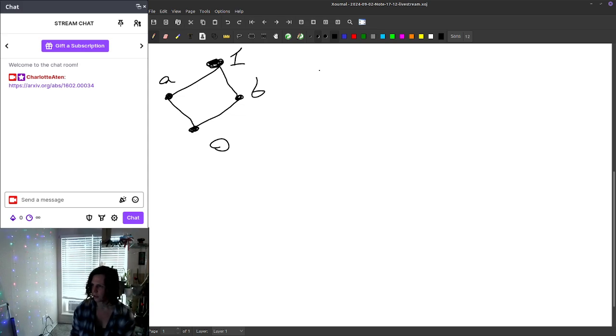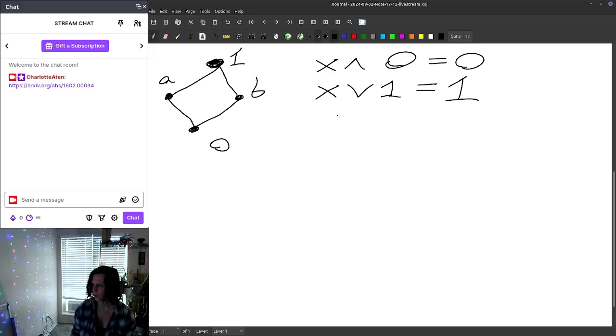And if we take anything at all and do this meet operation with 0, we find the greatest lower bound of anything with 0, we just get 0. If we do the join with 1, so take the least upper bound of anything with 1, well, that's just 1. And then the only other interesting things going on here are that the greatest lower bound of A and B, the biggest thing that's below both of them, is just 0, and the smallest thing that's above both of them is 1.